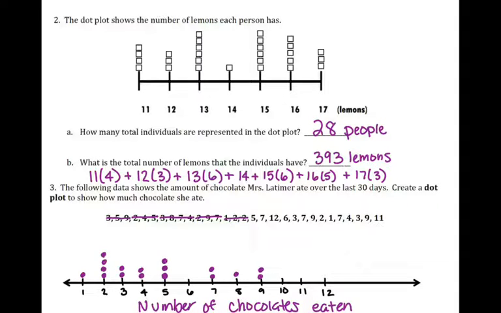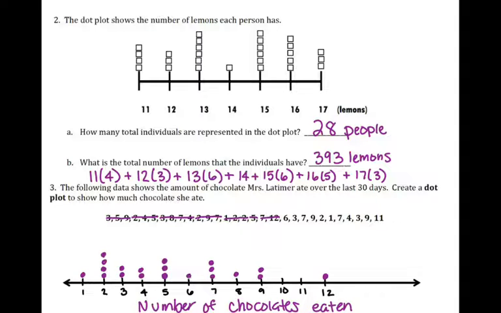5. I wonder what kind of chocolates these are, because when you're having 7 chocolates, that's a lot of chocolate. And now she's having 12. I wonder what kind of day she had when she had 12 chocolates.